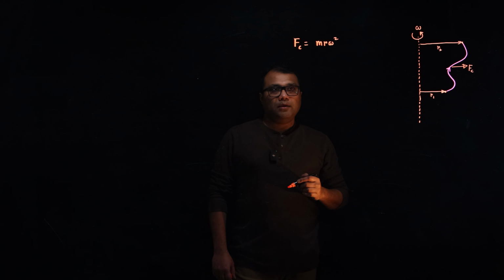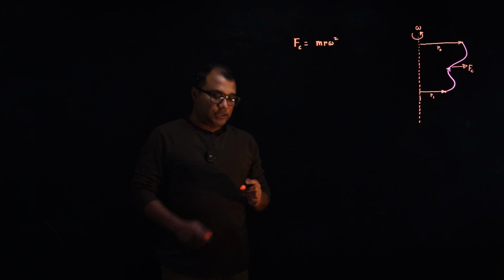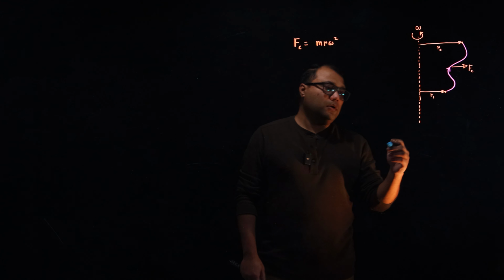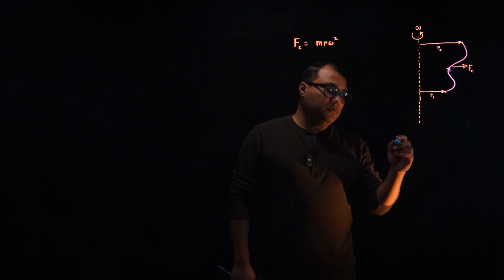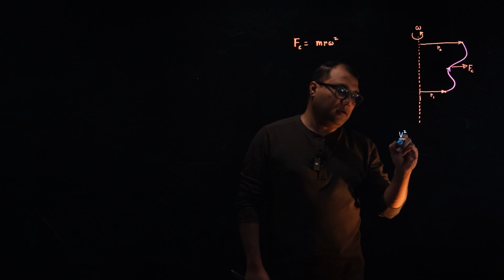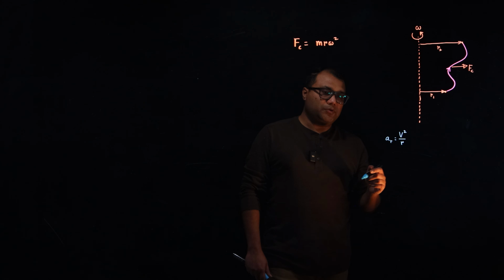Now, if you have trouble understanding why this is m r omega square, then maybe I can just quickly do a thing for you. So, in a circular motion, if the velocity of a particle is v, the radial acceleration is v square by r. Now, in this case, the frame itself is rotating.